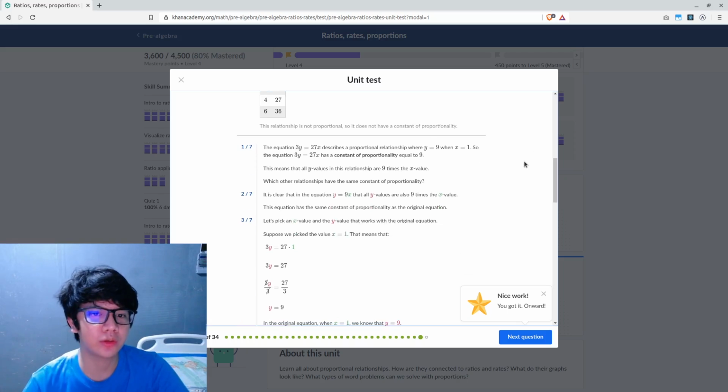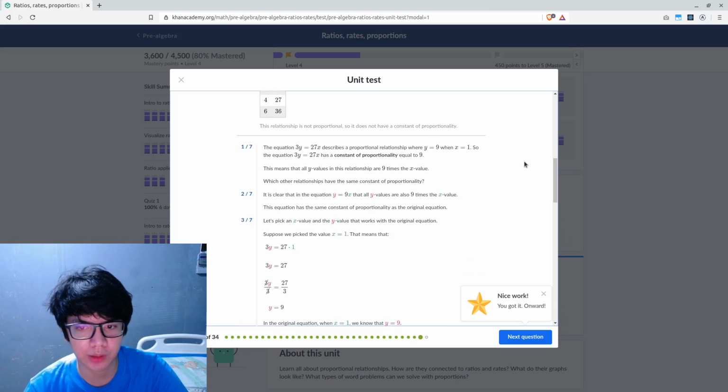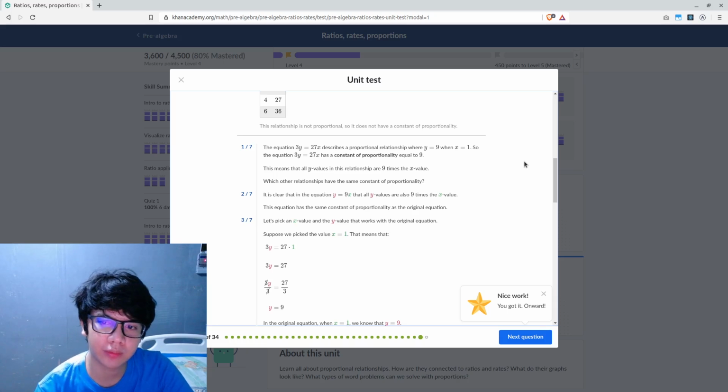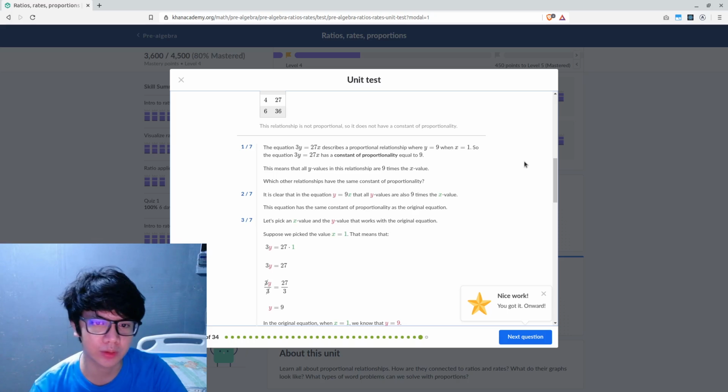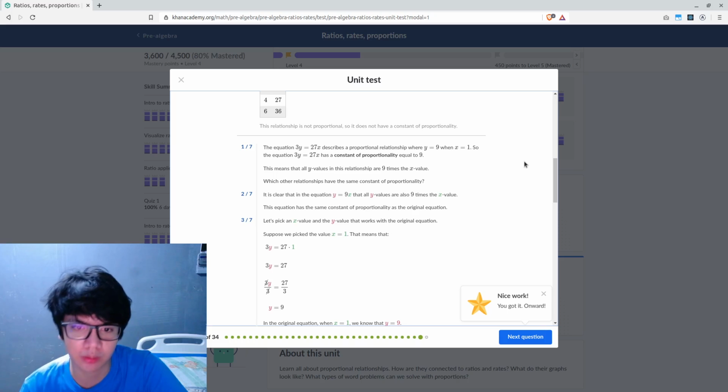The equation 3y describes a proportional relationship where y equals 9 when... Oh, okay, so if x is 1, 27, then we'll get 3 divided by 9 y. Wait, what?